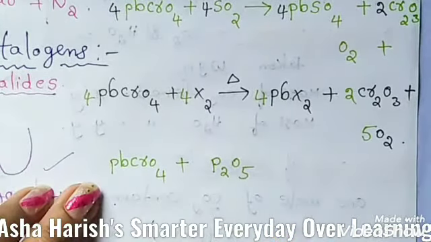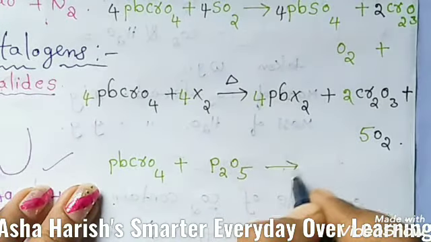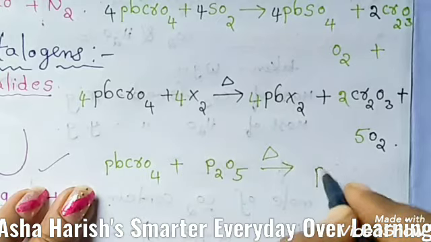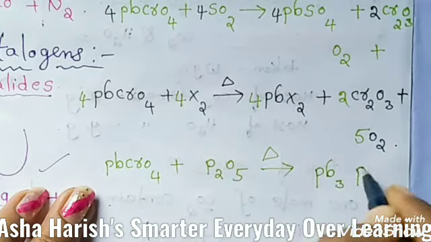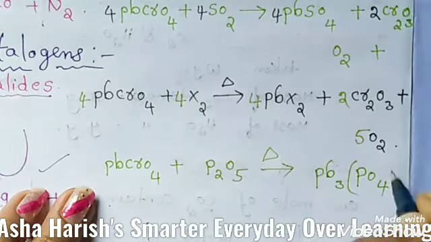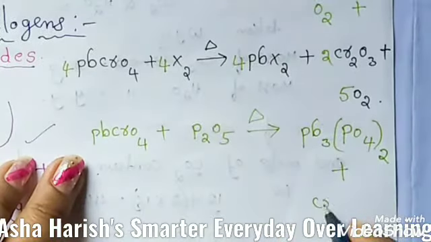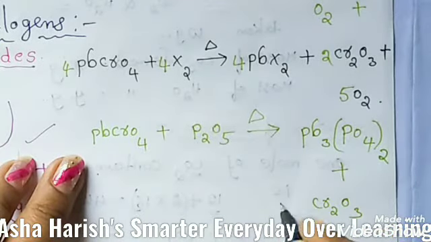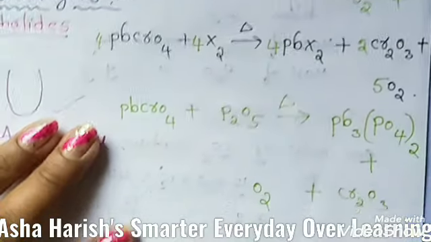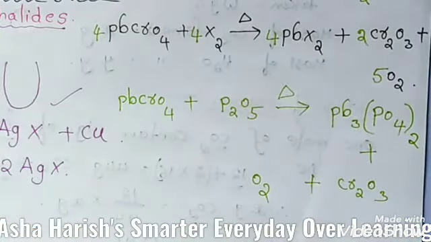If the element phosphorus is present in that organic compound, then heat gently. Then students, Pb3(PO4)2, lead phosphate, along with Cr2O3 plus O2, same.